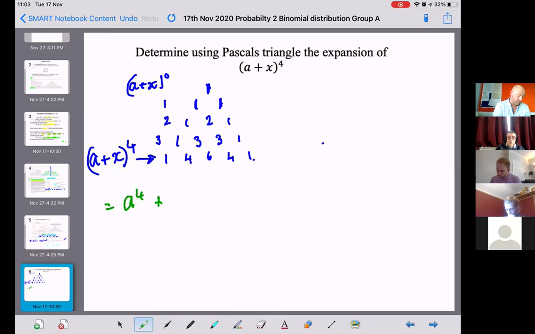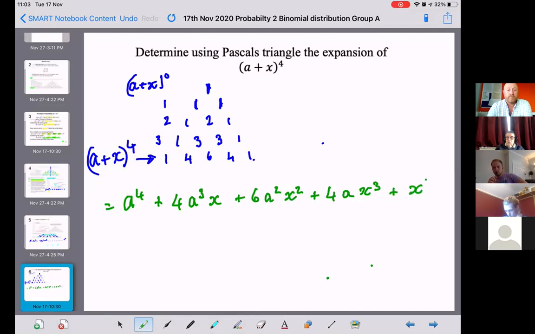Then I've got to add 4 a to the 3, take 1 off the index of a, x, plus 6 a to the 2, x to the 2, plus 4 a x cubed plus x to the 4.